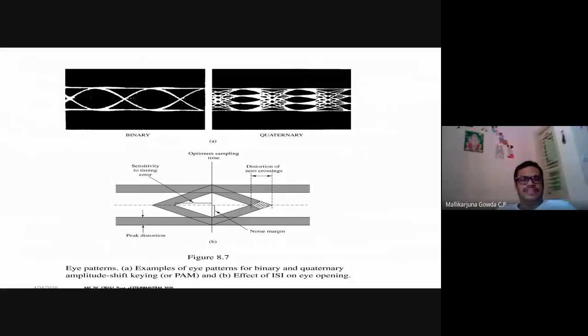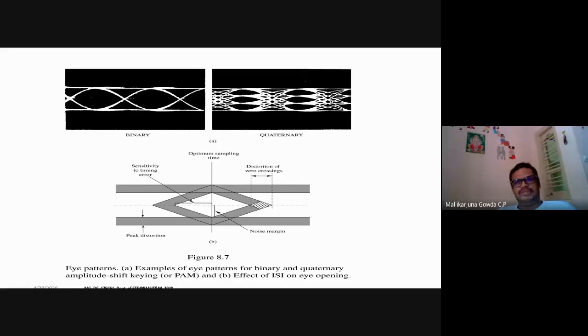So this is when I make the input sequence binary, and this is for quaternary, means 2 bits is one symbol, with 4 different amplitude levels. So I get 1, 2, 3, 4. This almost looks like an eye, no? That is why it is called the eye pattern. It resembles the human eye shape.